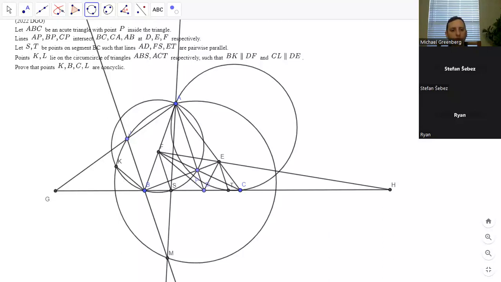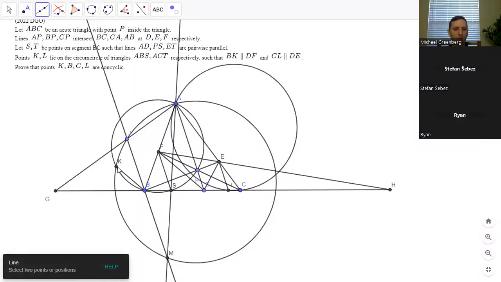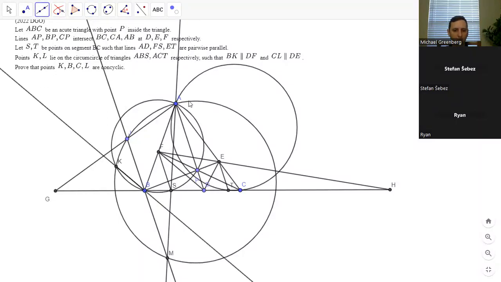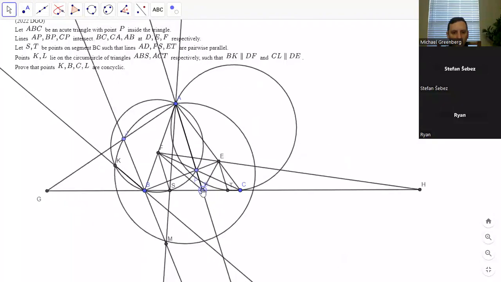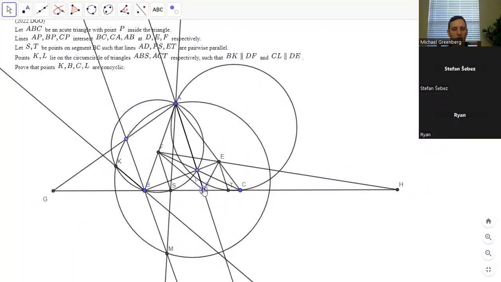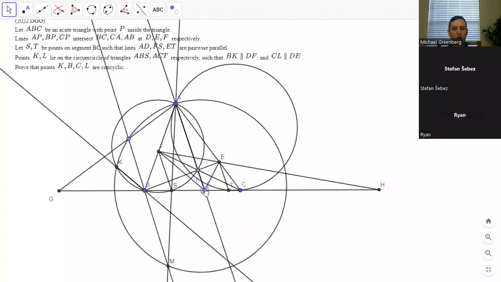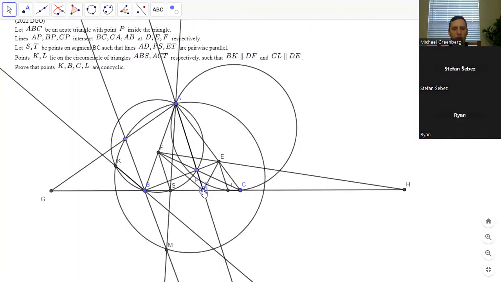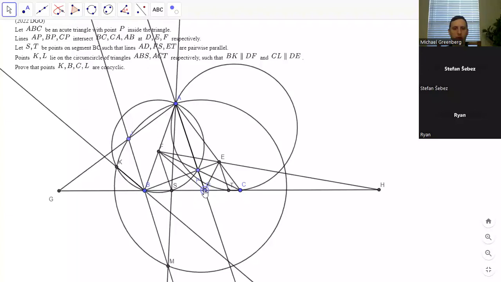And then intersect KB with AD. Just because J isn't precise, it doesn't look like that intersection lies in the circle, but in fact it does. Okay.